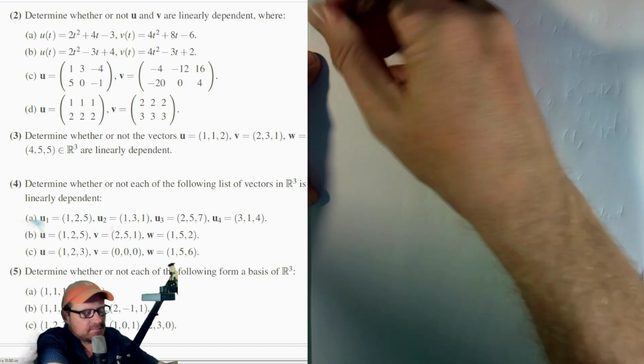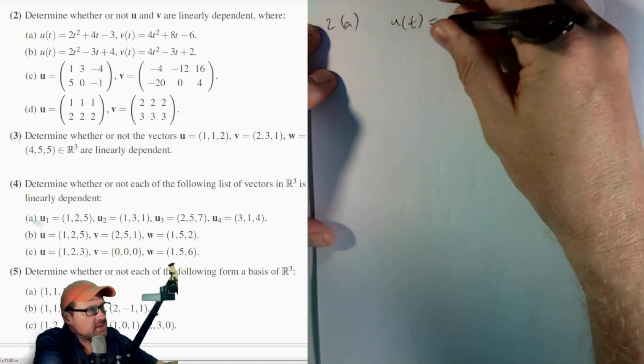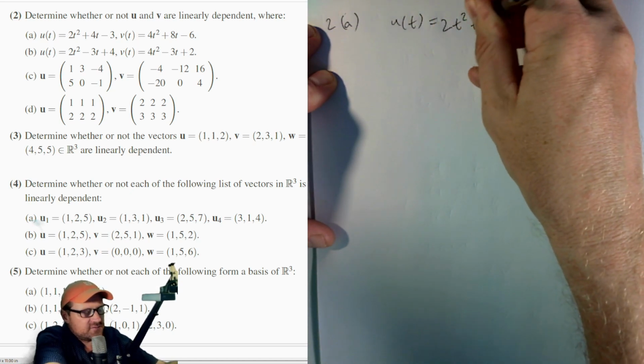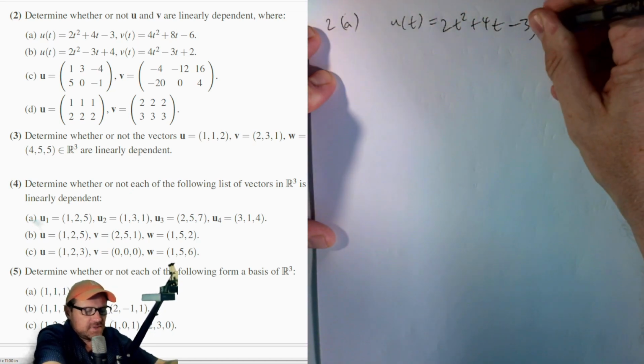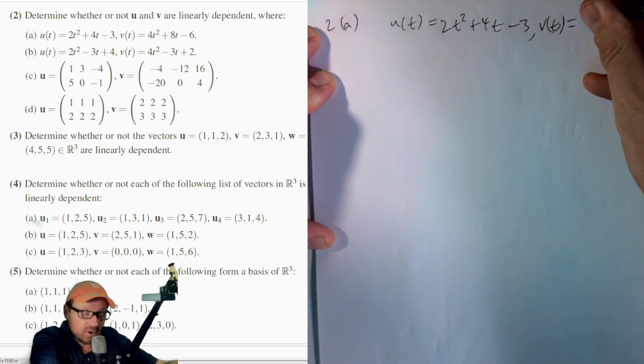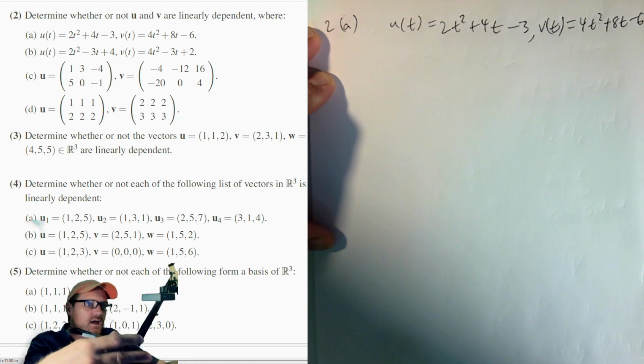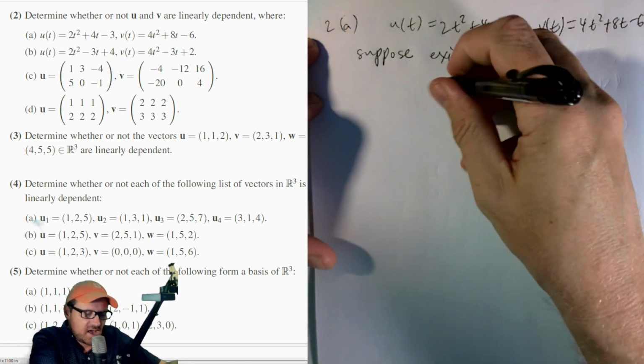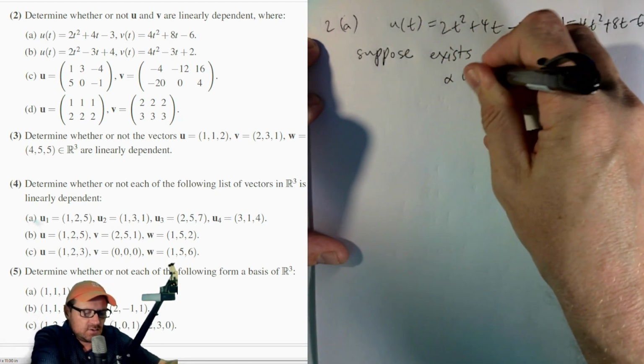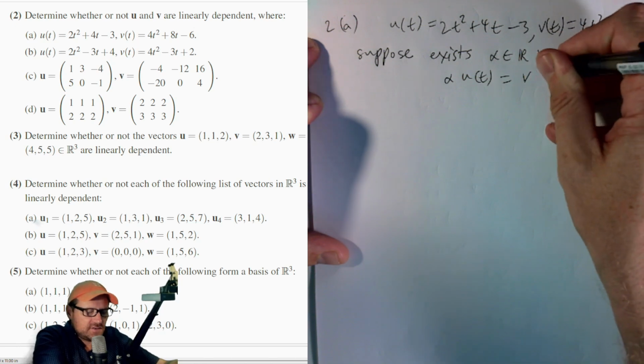In part A, u of t is a polynomial, 2t squared plus 4t minus 3. Similarly, v of t is a polynomial. Let's assume there exists some scalar alpha such that alpha times u of t is equal to v of t.